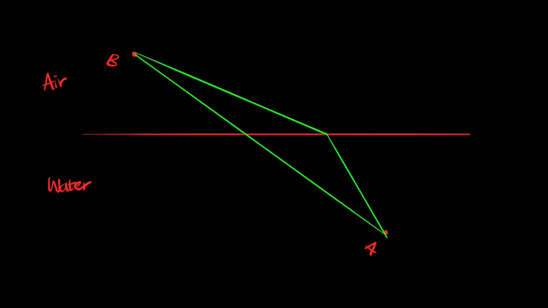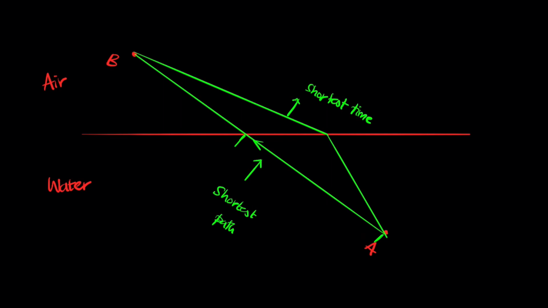Again, remember that this represents the shortest path, but this represents the shortest time. The same analogy, you're going from water into air. Here in the shortest path, you're traveling longer in water, which means that you're going to go slower and it's going to take longer time.